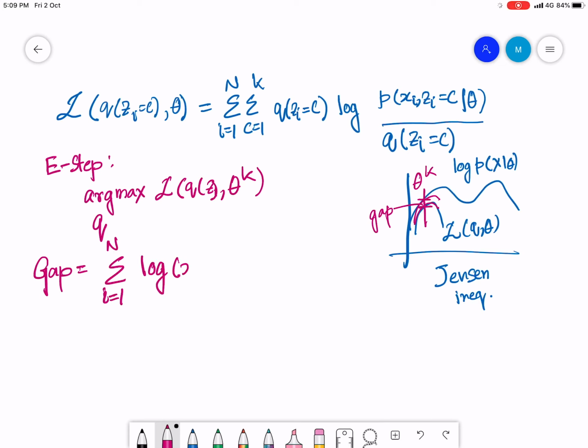Since the x i are IID, I can write down the original likelihood like this and subtract L from this to get the gap.